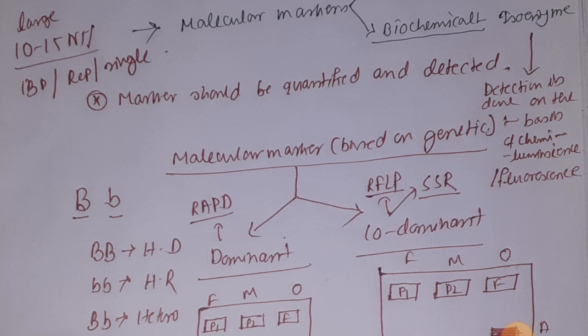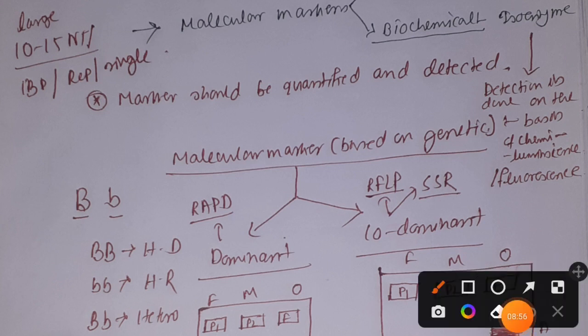And the basic funda of any industrial approach is that we invest less money but get more profit from it. So we will have to choose only those DNA sequences that can be easily quantified and detected.